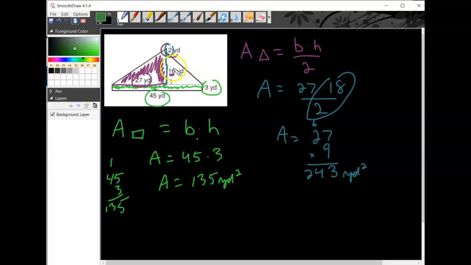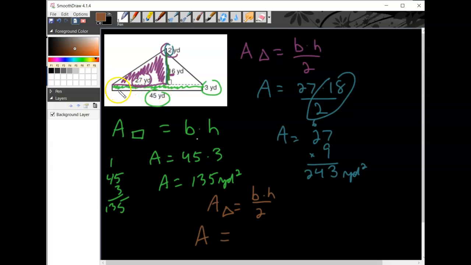Now let's look at our last triangle. This triangle, that 16 yards will be the height. Let's get a different color for this one. So we'll say area of that triangle is going to be still base times height over 2. What's my base?